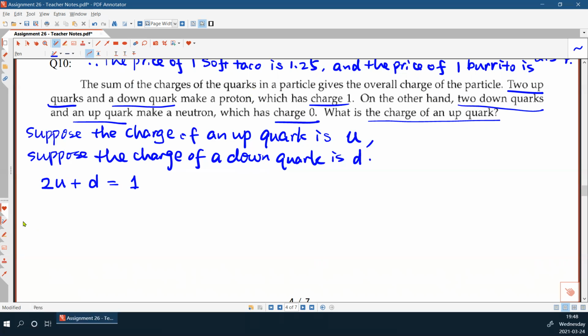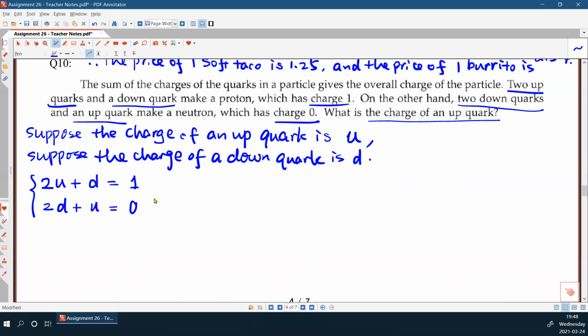Okay, that means 2D plus a U equals 0, right?